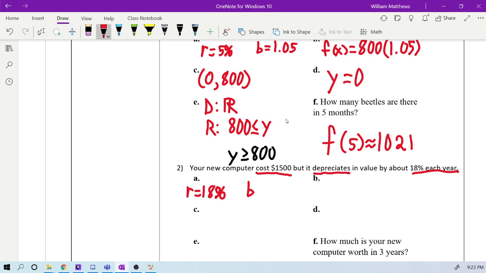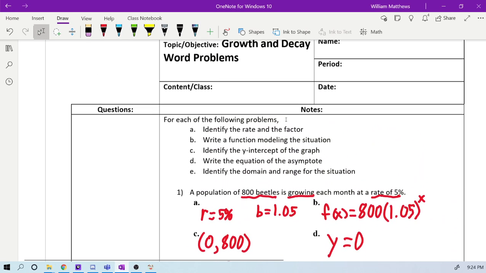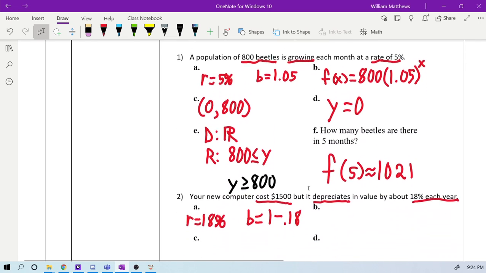Our factor, I'm going to keep not simplified, just so you can see what it looks like. We are subtracting 0.18. That is 18% as a decimal. B is to write a function modeling the situation.